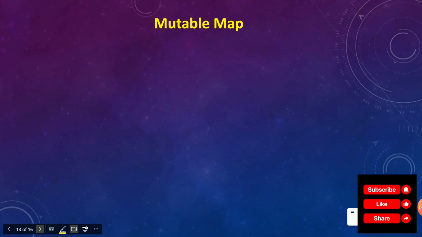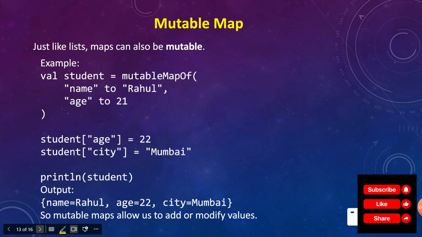If you try to update them, you will get an error. In the output you can see the updated values, Rahul, age and city. So a mutable map allows us to add or modify values, keep in mind.